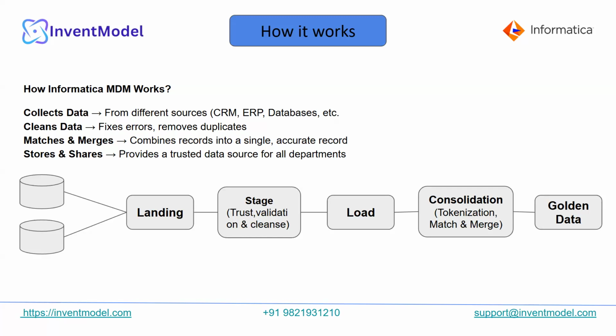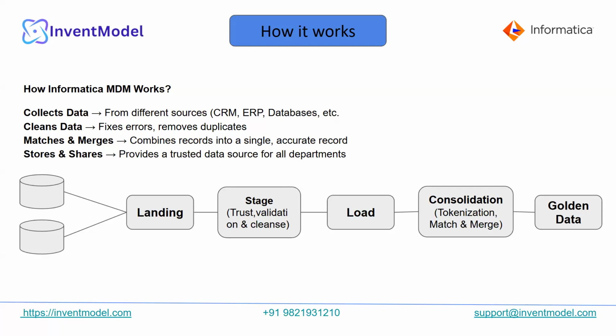We apply some cleansing functions by which we remove the errors and duplicates, and then later on we perform match and merge, right? Match and merge helps us combine the records into a single record, and those records are accurate. Then it stores and shares, providing a trusted data source for all the departments.